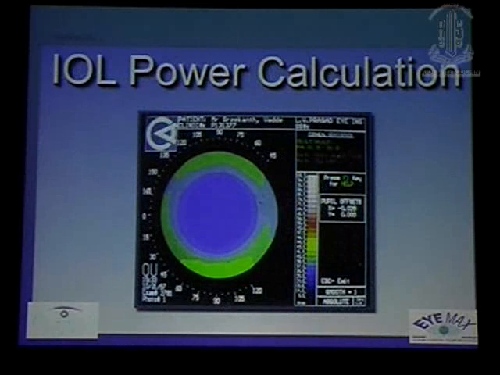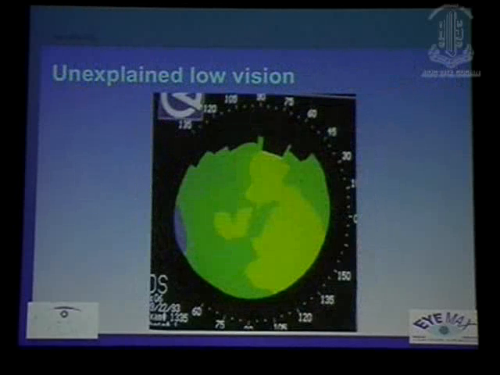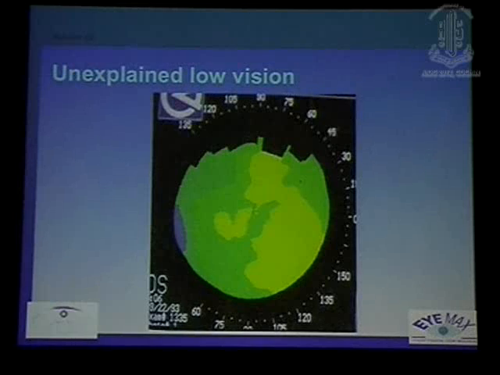In IOL power calculation, again, it's a better procedure to use than keratometry, since we want to have information on the central cornea. Again, sometimes we have a patient with unexplained low vision. The patient comes to us, we do refraction, the patient doesn't improve, and we want to know why it is happening. If we do a topography, we'll find the cornea has irregular astigmatism, and that's why the patient's vision is not improving, and such a patient will do well with contact lenses.